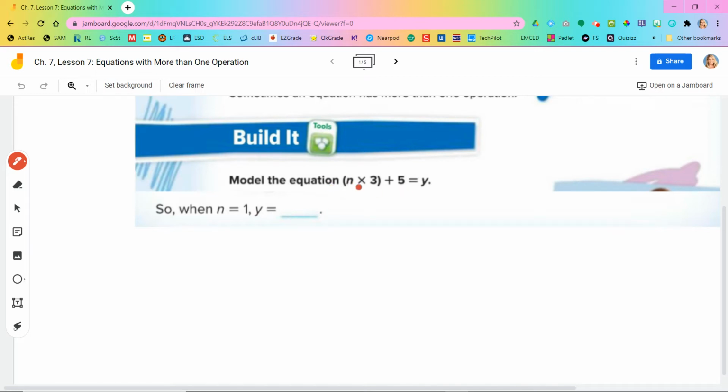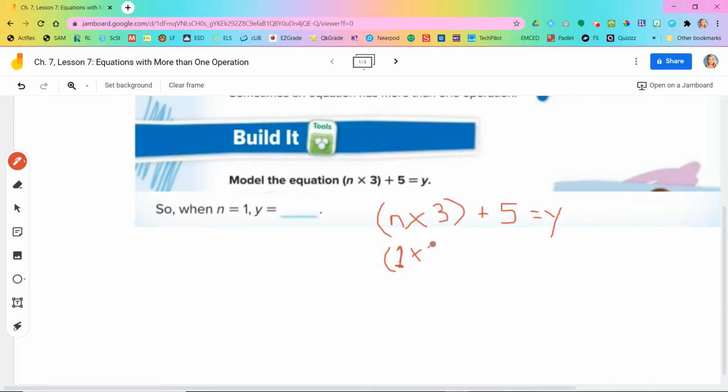So what we do is we look at this equation and we kind of think of it like a code. So if I have n times 3, and sorry, my handwriting is terrible on here, plus 5 equals y, and it says n needs to be 1. So this is my input. I'm going to input my 1 for my n. It's a really weird looking 1.